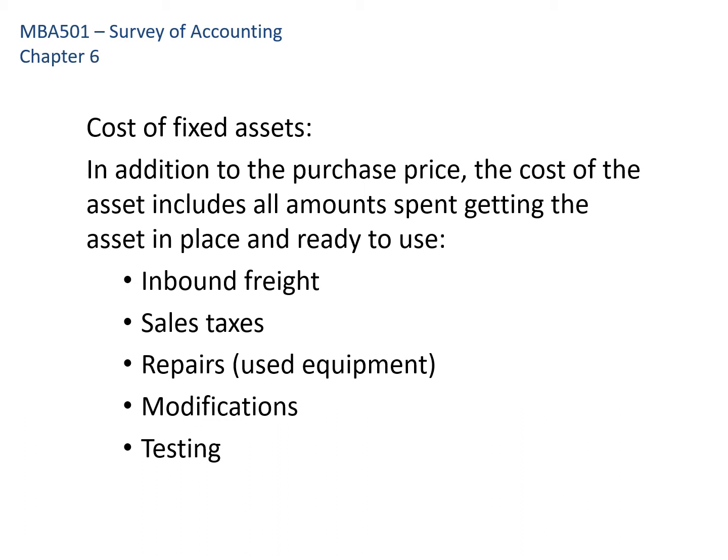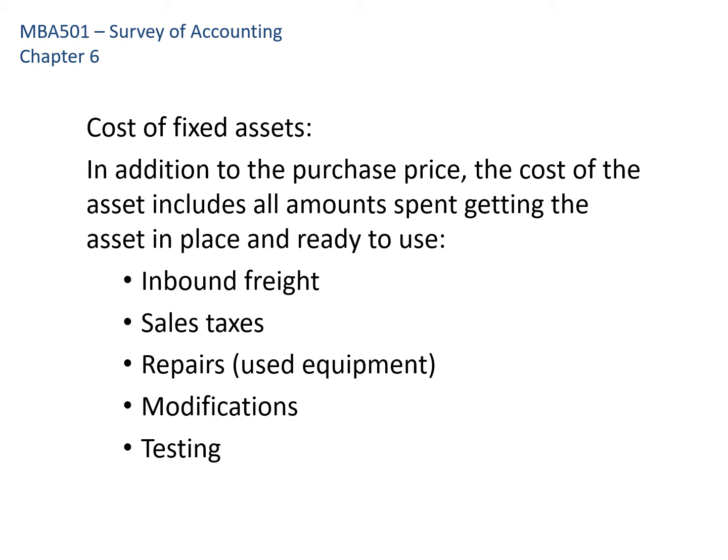So you might have to make repairs to it in order to use it for your business. In the case of used equipment, you might have to do that. And you might have to make modifications to it for it to work in your particular company. And then finally, there's testing often. And that testing may require some employee labor time. That would be included in the cost of the asset.